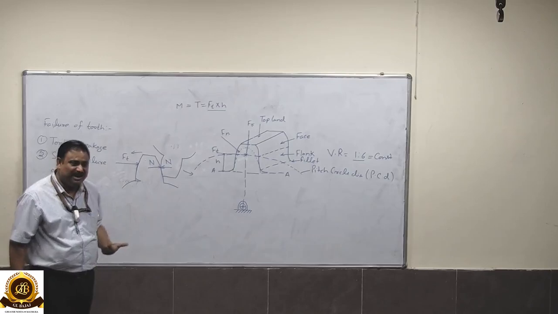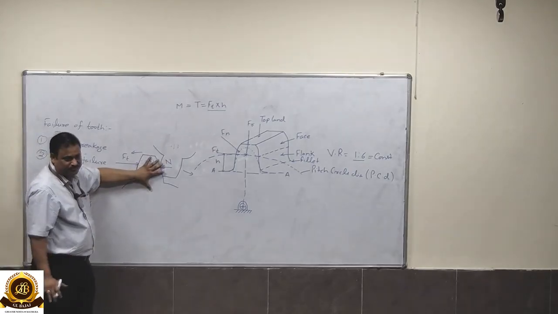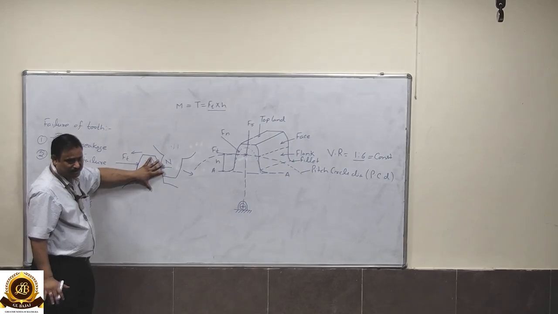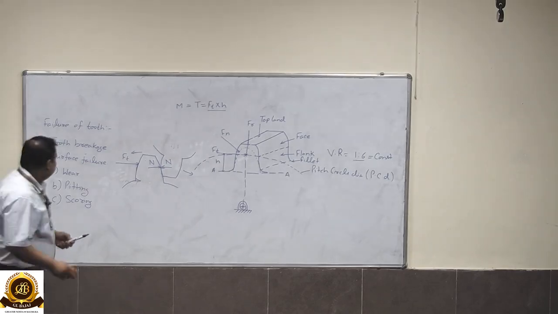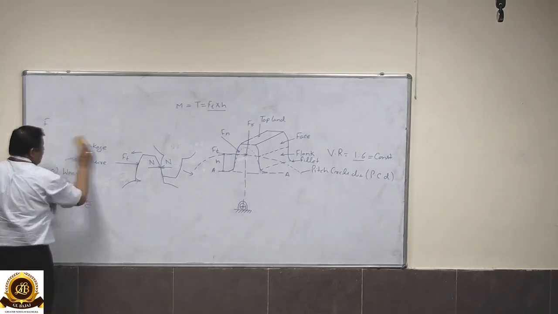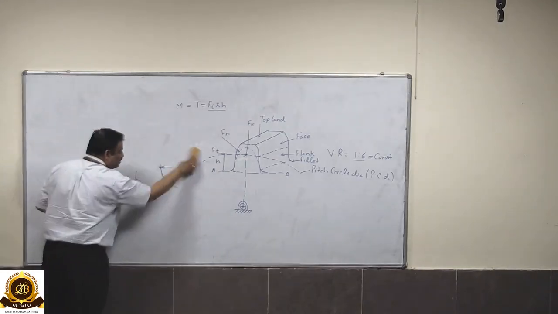But since it is very small, we can neglect this type of effect from the design point of view. So these are basically the classification of the tooth failure. Now if you want to design anything, we should first know the failure of the elements.